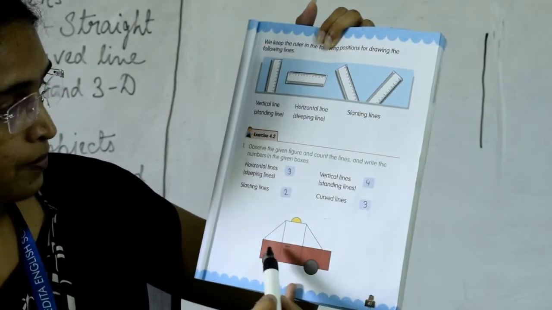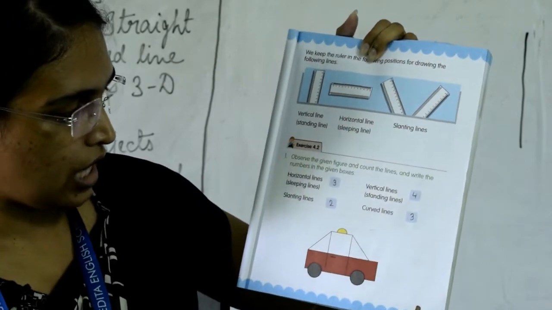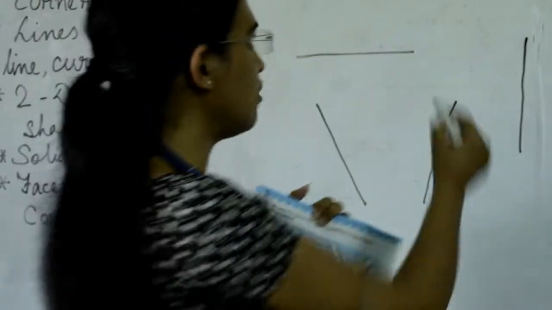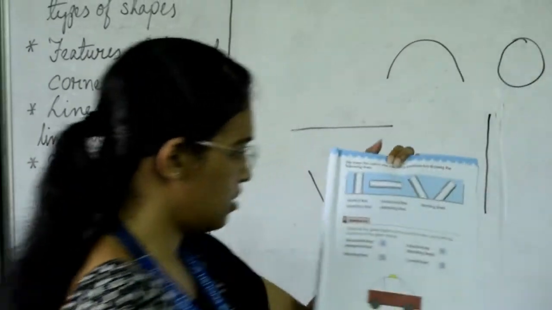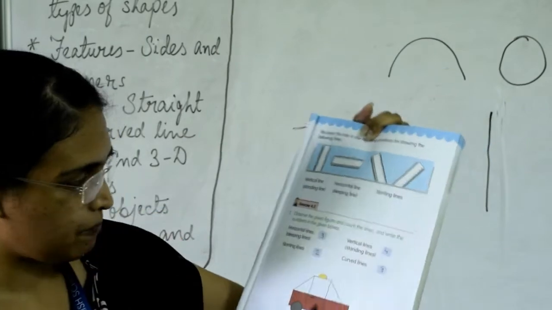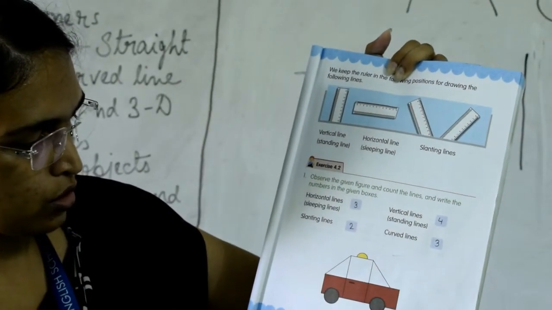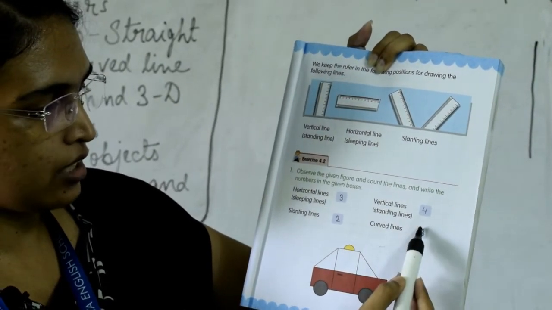So 4 standing lines. Okay, so write here 4. Now next is curve line. So how many curve lines? A curve line is this or this. Now how many curve lines? 1, 2, 3. So 3 curve lines are there. So write here 3.